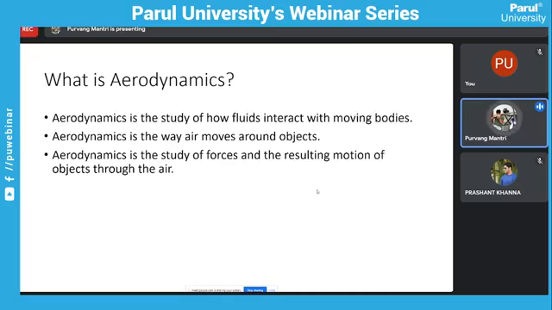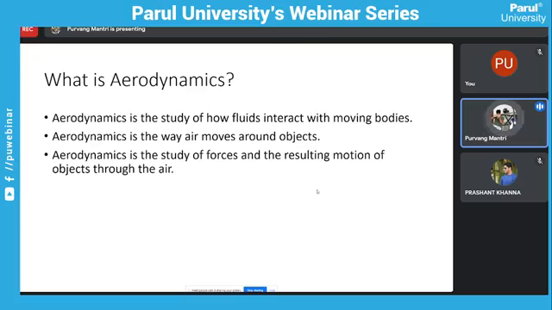So, what is aerodynamics? Aerodynamics is the study of how fluids interact with a moving body. It is a part of fluid mechanics or fluid dynamics. If someone is from a mechanical engineering or automobile engineering background and is in third year or final year, they might have studied the subject of fluid mechanics.